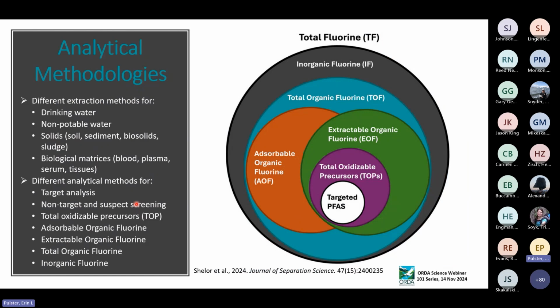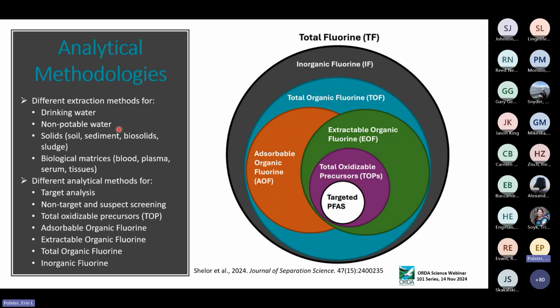Analytical methodologies: this is advancing rather rapidly. Most people are looking at the targeted PFAS. Let me back up. There are different extraction methods for the different matrices: drinking water, non-potable water, solids, biological matrices, plant tissues, etc. EPA 1633 is for non-potable water.